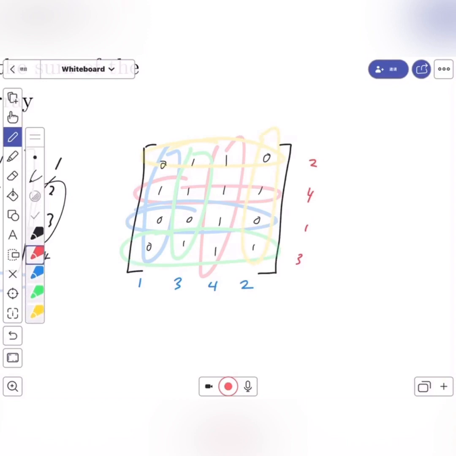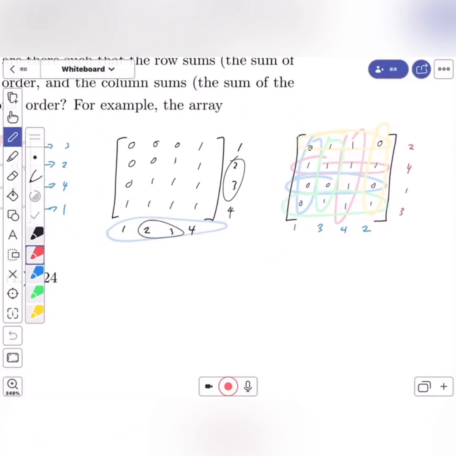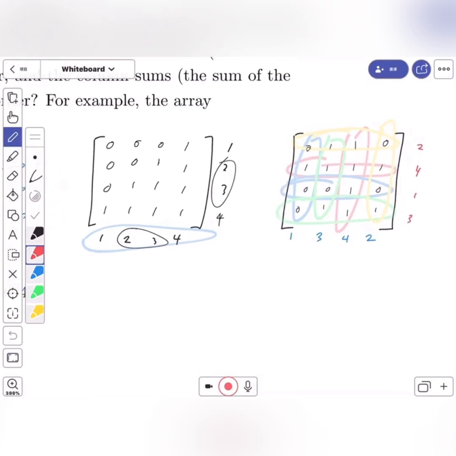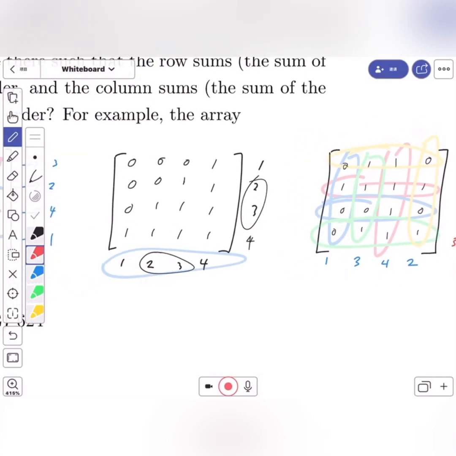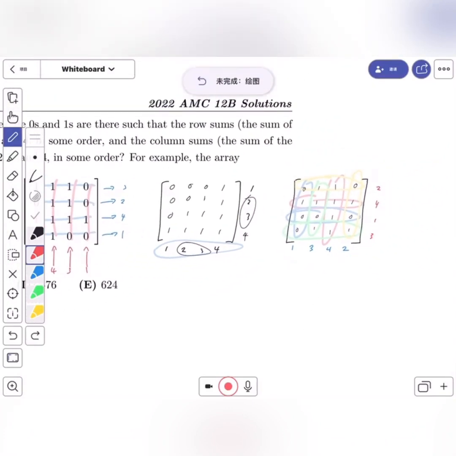Okay. So from here, you might not determine a pattern yet. However, this basically says that there's a unique distribution of 0s and 1s for each fixed row sum and column sum from the examples that we have determined here.